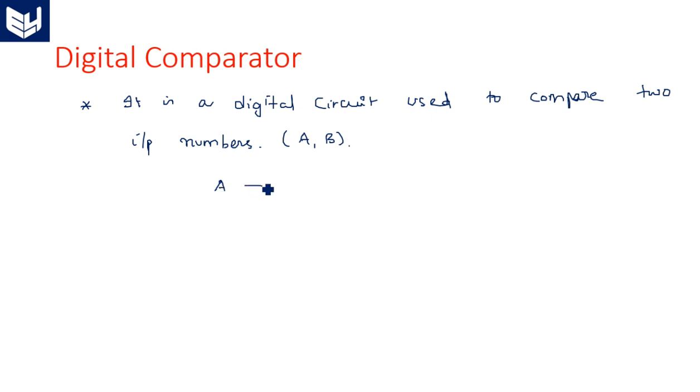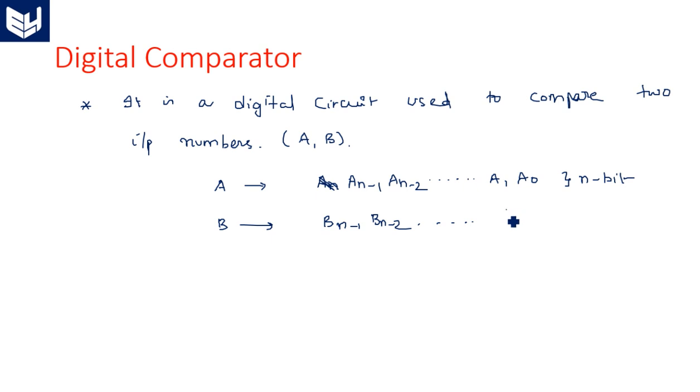That means a may be of n bit size like an minus 1, an minus 2 and so on, a1, a0, that is an n bit number. And similarly b is also of n bit size, n minus 1, n minus 2 and so on, b1, b0.